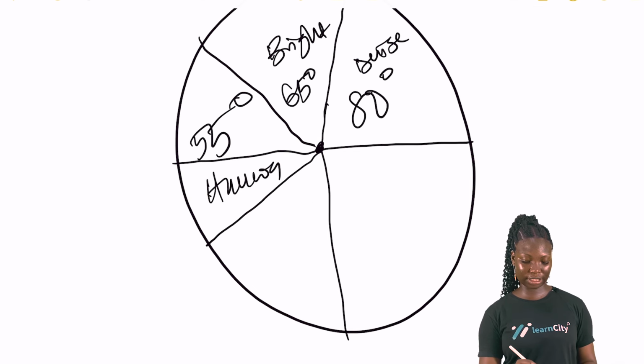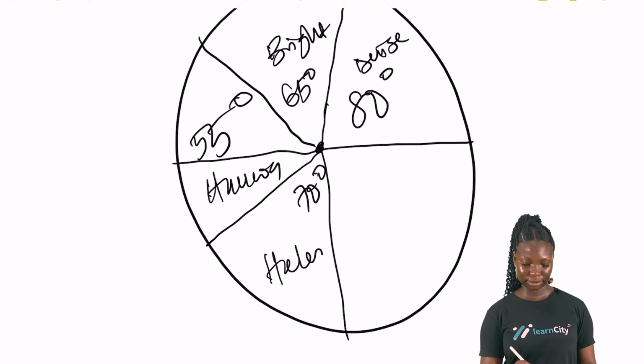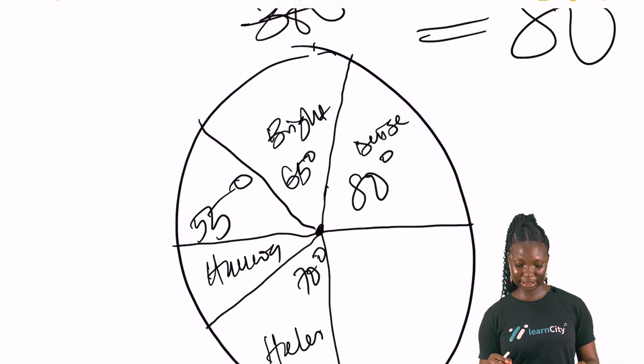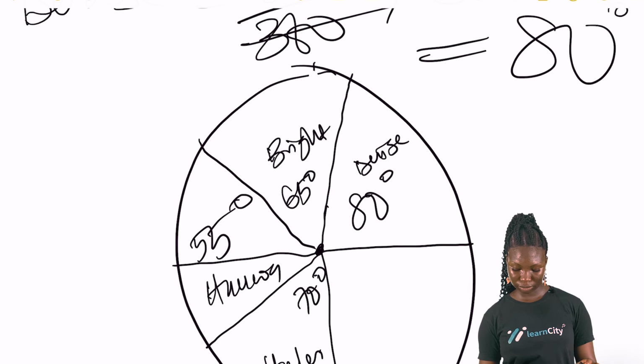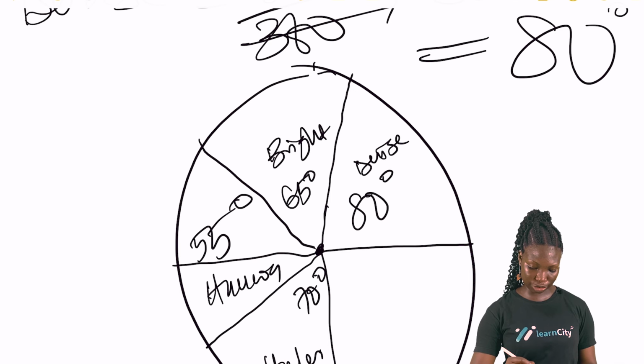Then 70 degrees here for Ellen. And we have 60 degrees for, okay, this was not drawn very well.